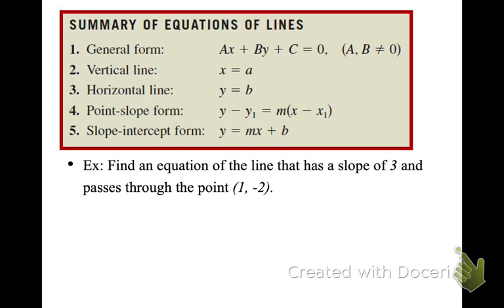Point slope formula is y minus y1 equals m times x minus x1. That's my favorite, yes? Okay, and slope intercept form is y equals mx plus b. All of those, 2, 3, 4, and 5, you should know already. General form is not one we tend to use.